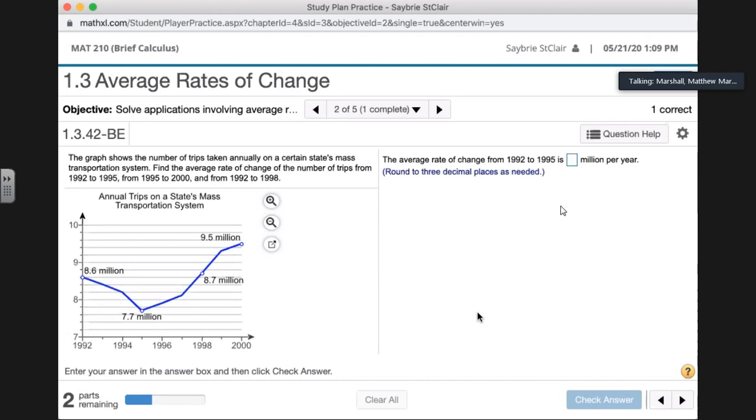It's going to be a negative because it's going down. You see how it's going down there? So 7.7 minus 8.6, I get negative 0.9. And then 1995 minus 1992 is 3. So negative 0.3%, is that what you got?